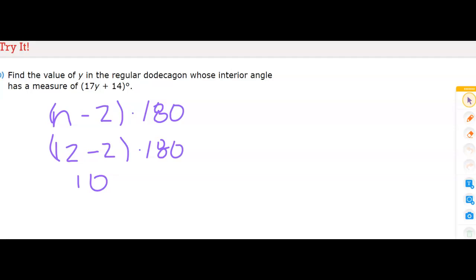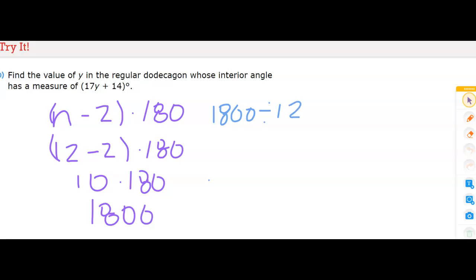That's 10 times 180, which is 1,800. Then we take the sum and divide it by the number of sides, 12, which gives us 150 degrees. So each angle there is 150 degrees.